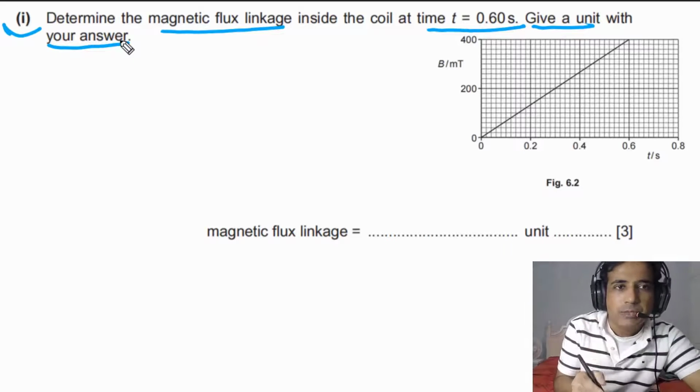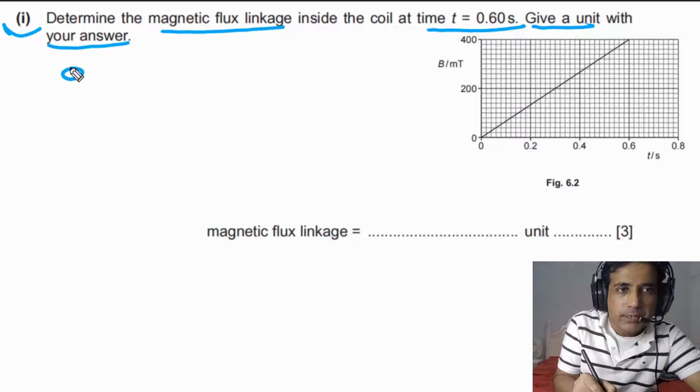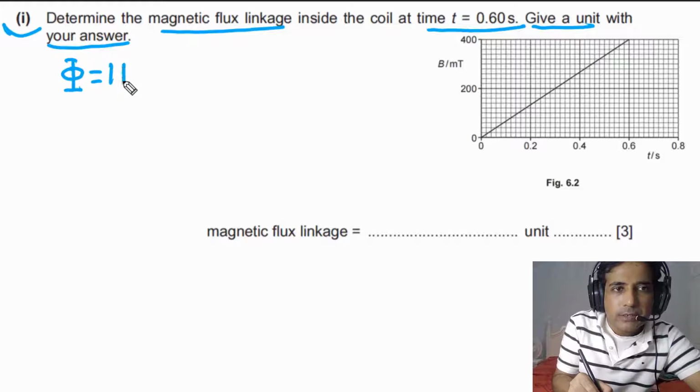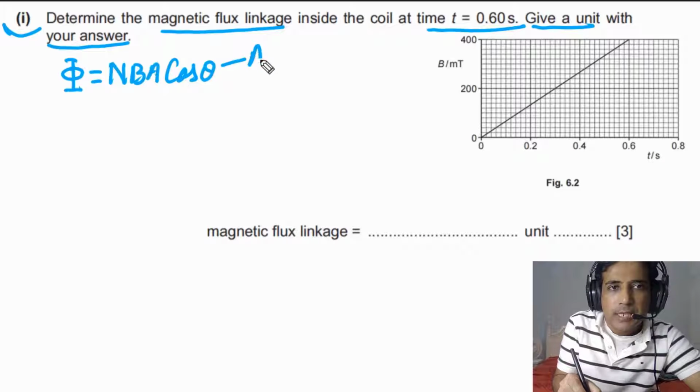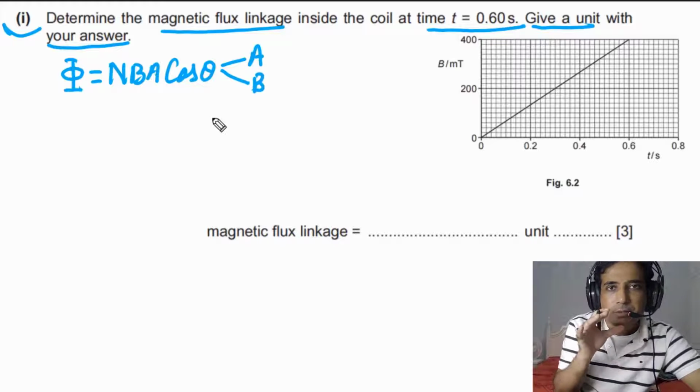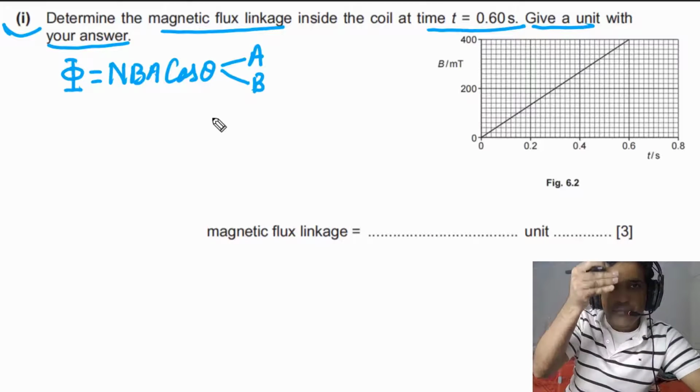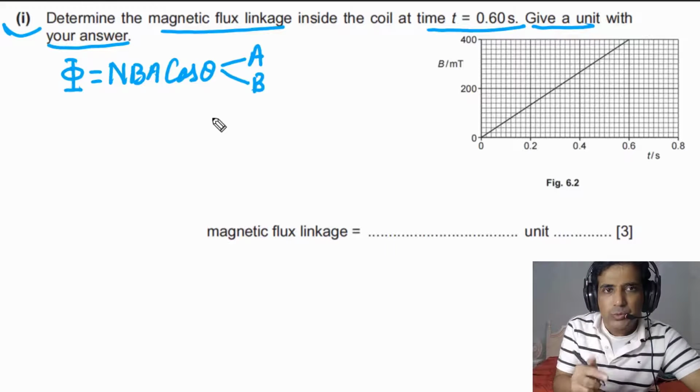This question is simply asking us to calculate magnetic flux linkage. Magnetic flux linkage is equal to NBA cosine of theta, and theta is the angle between the area normal vector and the magnetic flux density. But for this question, it is given that the plane of the coil is perpendicular to the magnetic field.